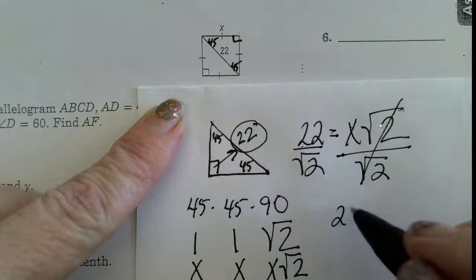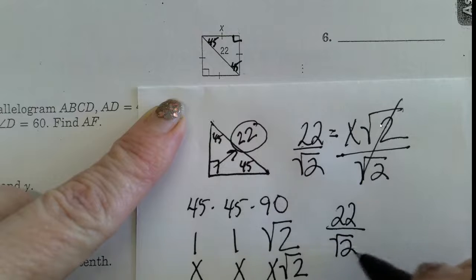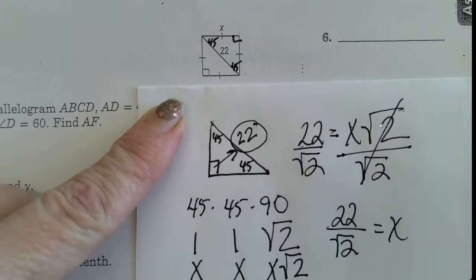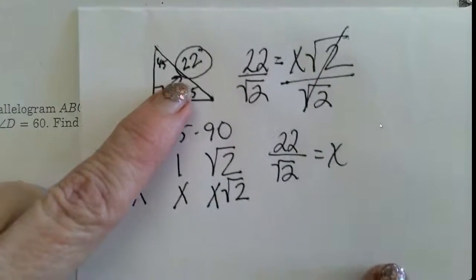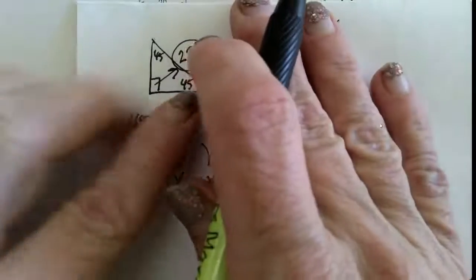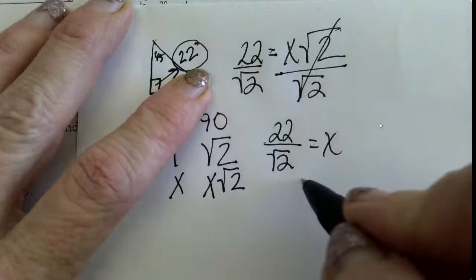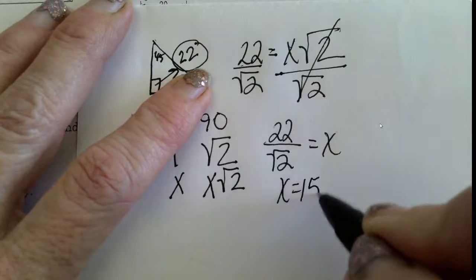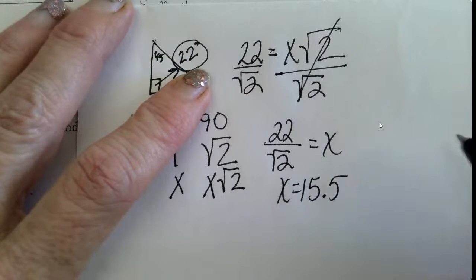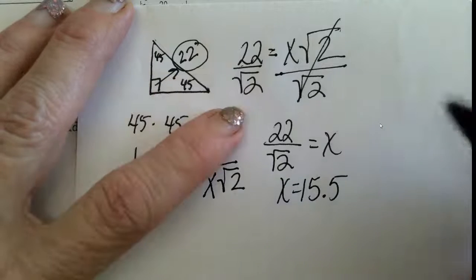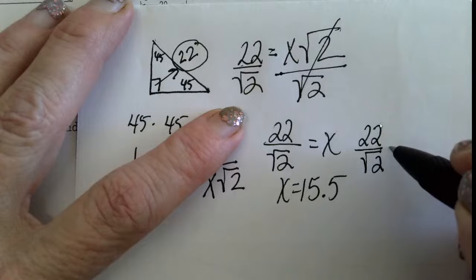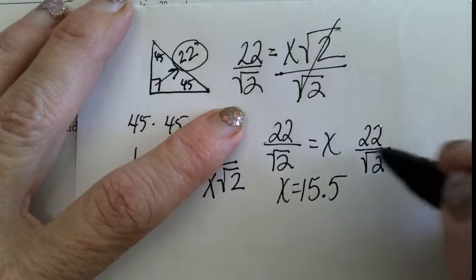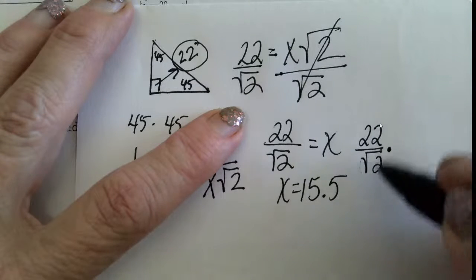Now, we could just type this in our calculator. If we type 22 divided by the square root of 2, what do we get? 15.5. So that's our approximate answer, right? But I also want to refresh your memory on this. Remember, if that's down there, we can't leave that down there.